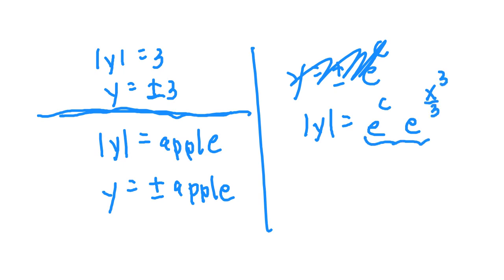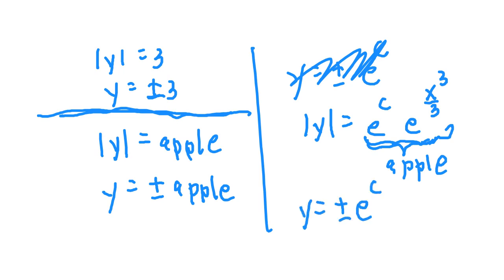I'm going to treat this whole thing like my apple. And so y would equal plus or minus the apple, plus or minus e to the c times e to the x cubed over 3. I never leave enough room. Let me just give myself a little room here.